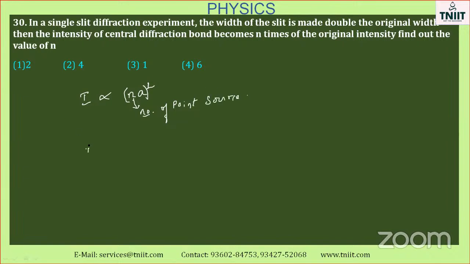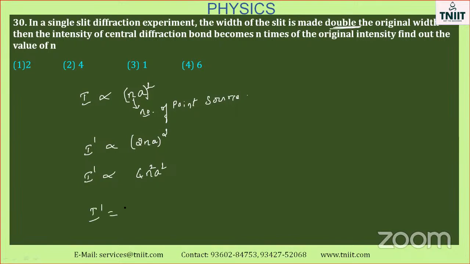Now they are telling that the new intensity is proportional to what? The width has been made double, so 2 times N a whole squared. When it becomes double, you know that I dash is proportional to 4 times N squared a squared.